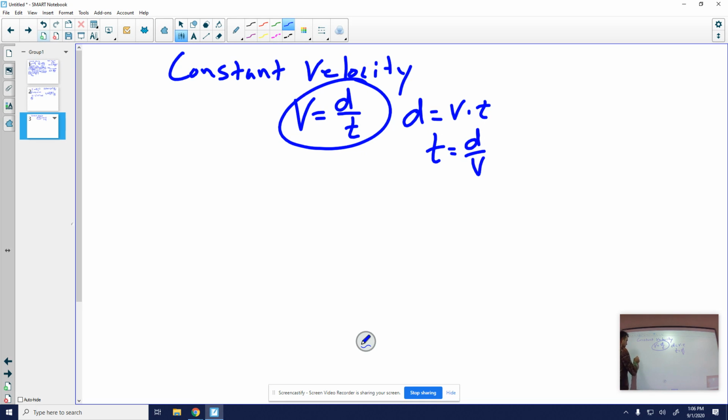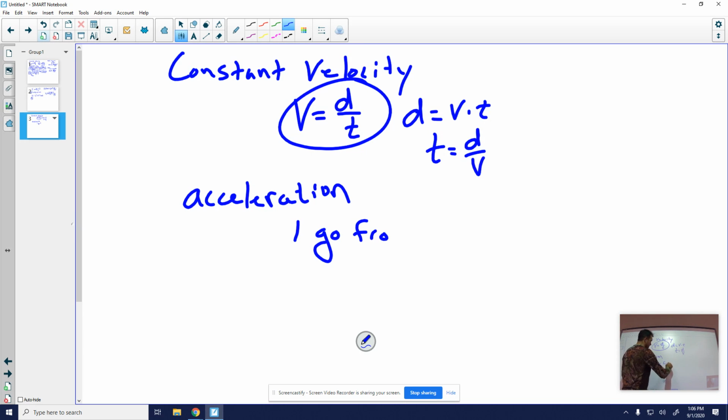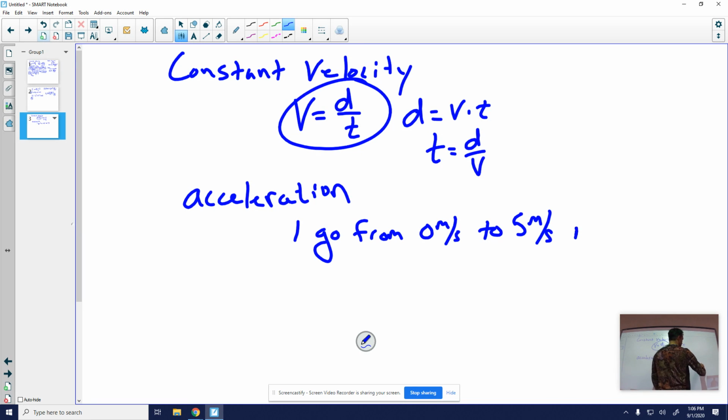But when it comes to acceleration or changing velocity, remember those are synonyms, you've got to pick the right one. So let's say my question says, I go from 0 meters per second to 5 meters per second in 8 seconds. Find my acceleration.